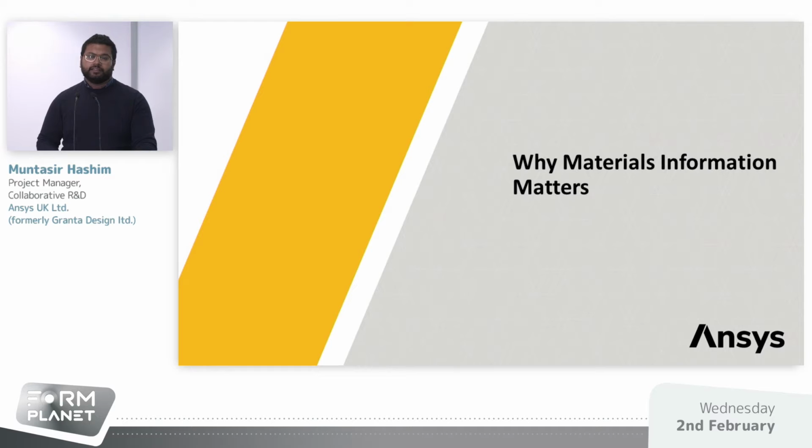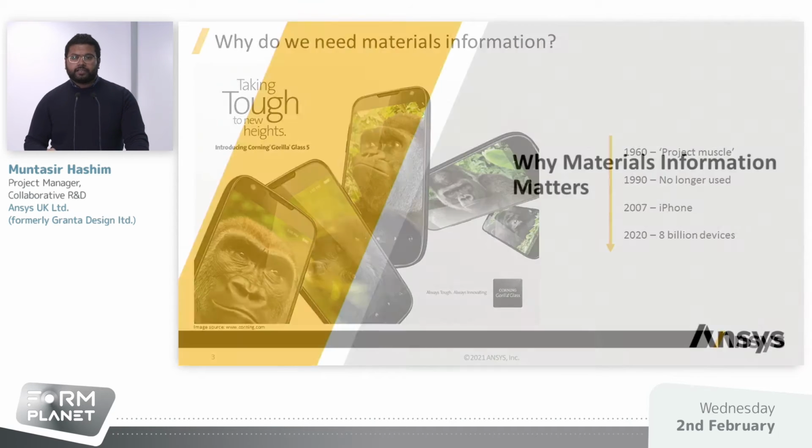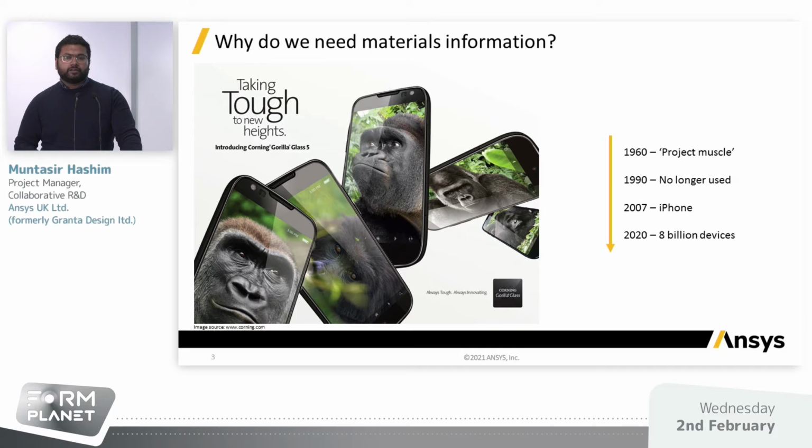So I will begin my presentation by first emphasizing why materials information matters. There is a very nice example we've got, and this is about Gorilla Glass. It's actually a project that started in 1960 called Project Muscles.